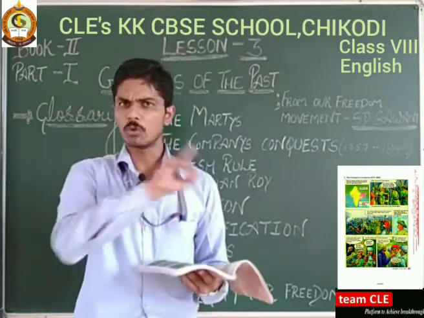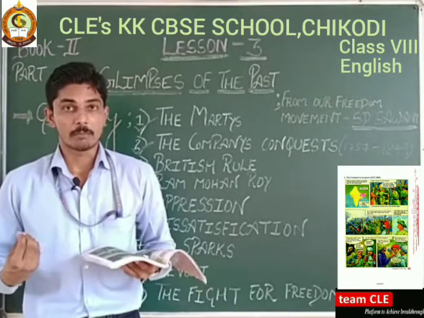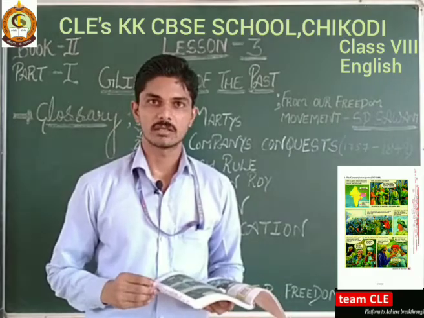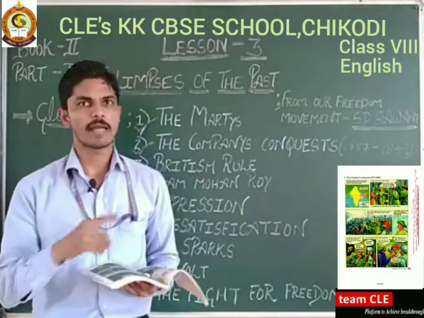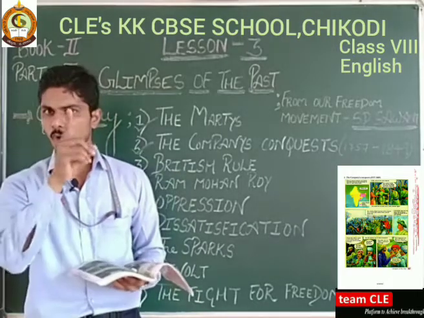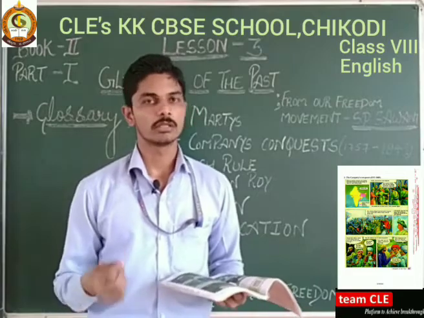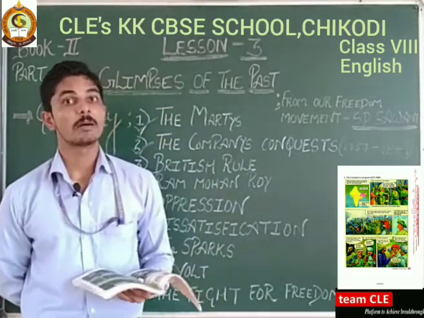He said, I am not going to give my power, my prestige, my name, my fame in front of the Britishers. I am not going to bow my head in front of them. Though my head will be cut off by them, I am not going to bow my head. I am going to fight with them. Who said this? Tipu Sultan, a brave king, and his kingdom is Mysore.